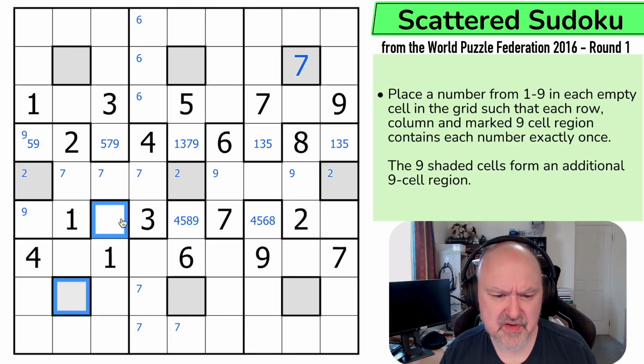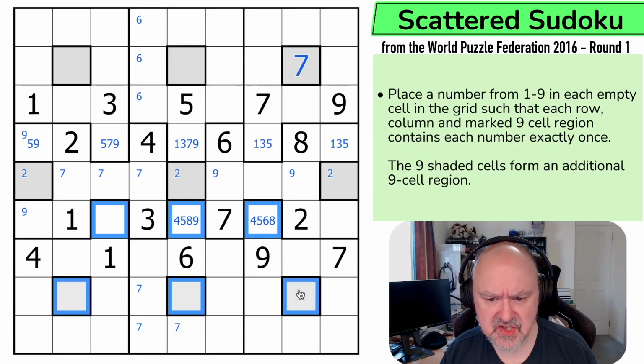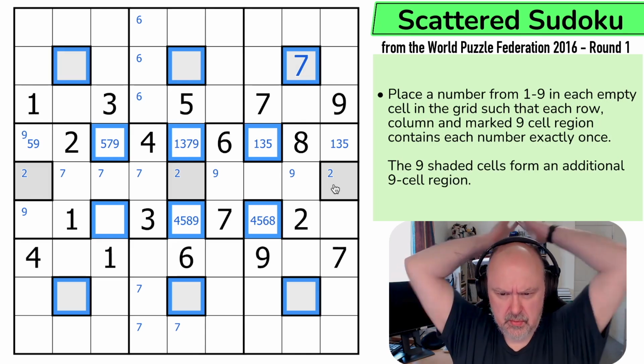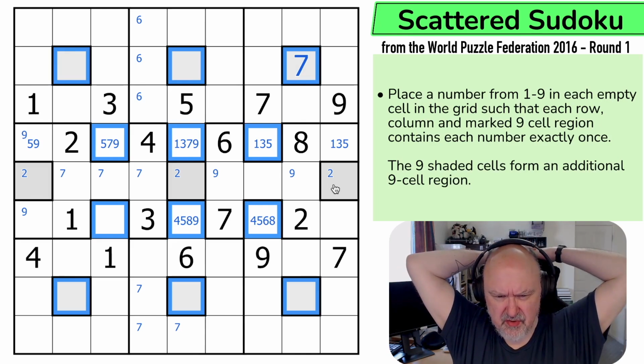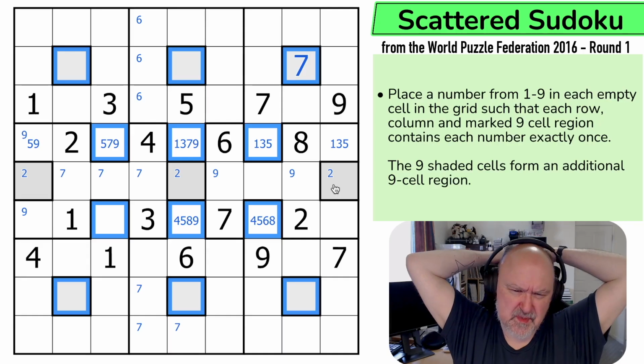There's something about the geometry of these. Because these are shared and these are shared, where do those 3 digits go? Is there any restriction on that? There possibly is, but I can't see.